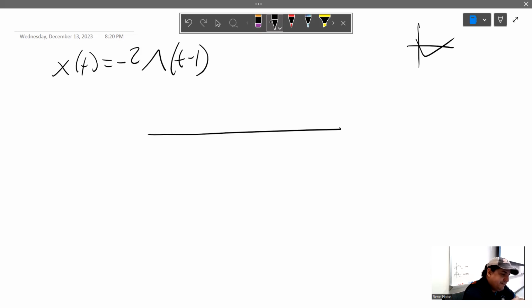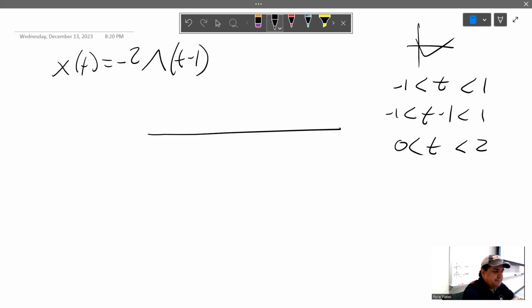The triangle is defined between -1 and 1 for t, right? So if we have t minus 1, t is gonna be defined between 0 and 2, right? So we draw 0 here, we draw 2.